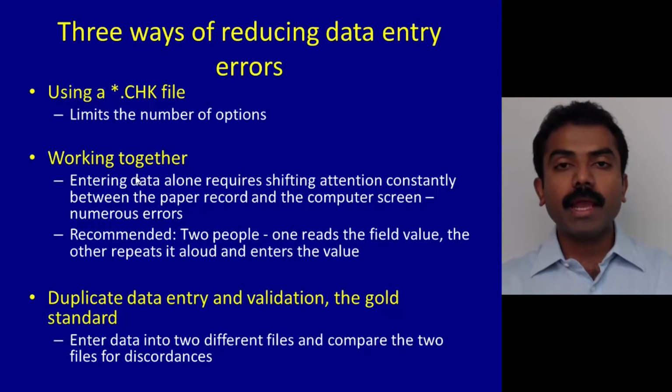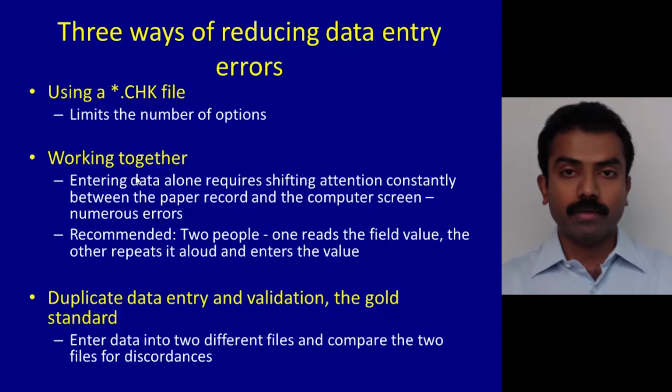But if somebody enters 36 for 63, what we call a transposition error, then it will take it because it is within the legal range as we have defined for age. Such errors cannot be detected by a check file.